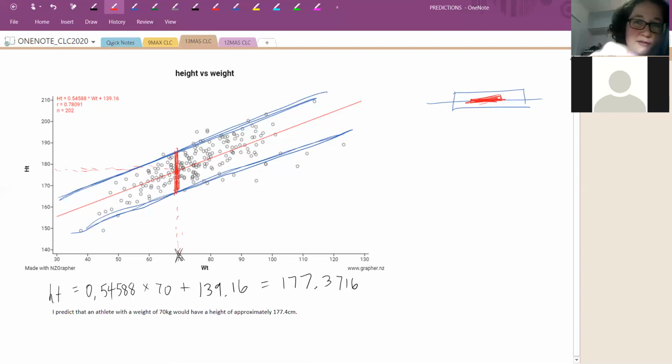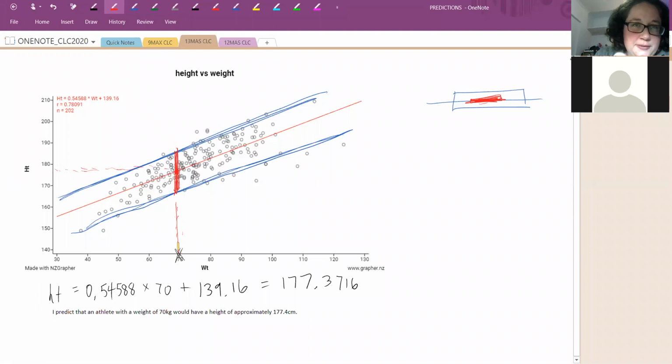I now follow this line up, oops, sorry about that. I'm trying to click things and I clicked the wrong thing. Okay. I need this to go over here, so I can click that. So if I now follow this line up and then go across, that will give me a prediction for the bottom value that I could predict for at 70.